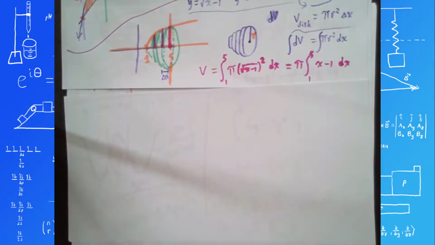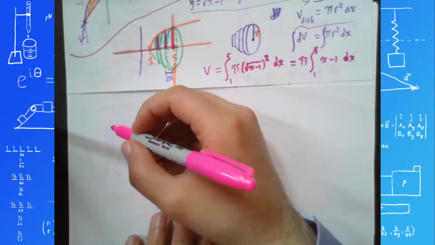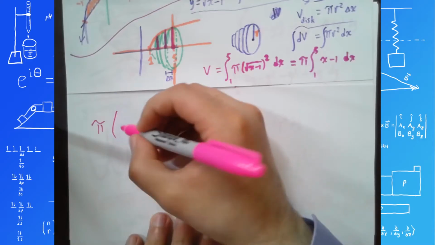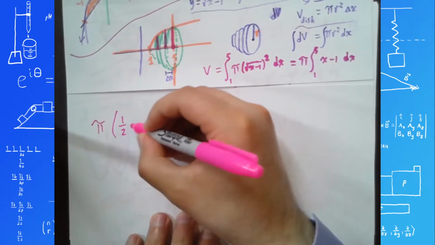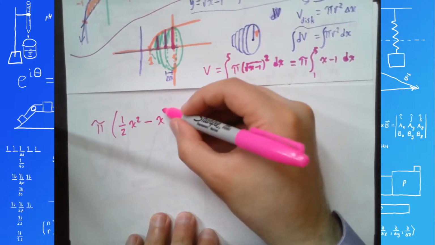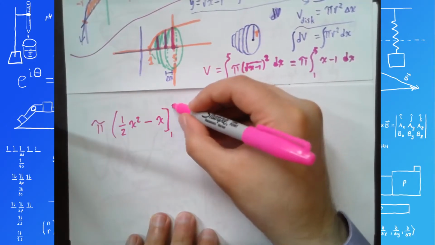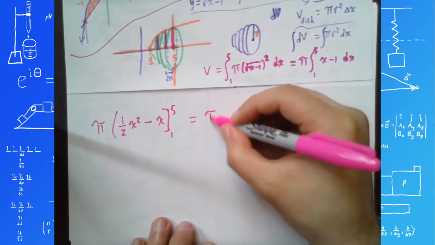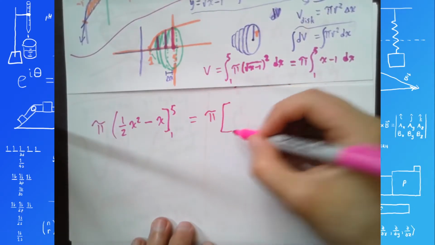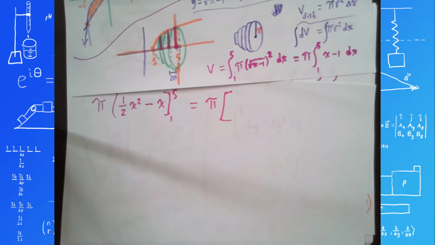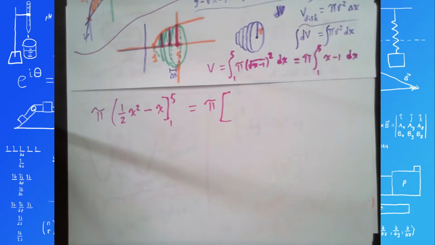Let me see, so it's going to be pi times 1/2 x squared minus x evaluated from 1 to 5, which is equal to pi times, let's see, I'm going to do things a little bit differently from how I've been doing them before.